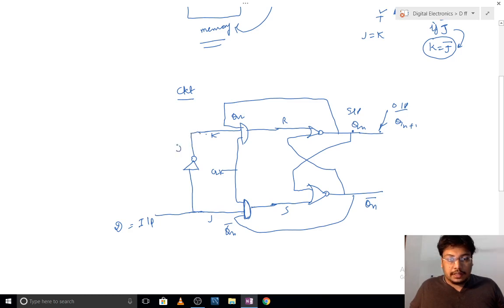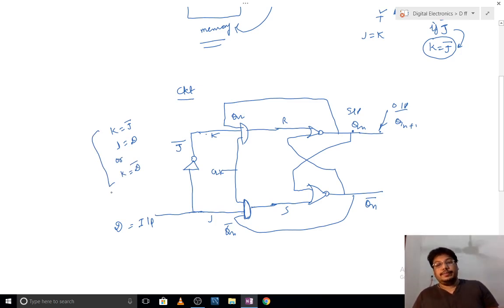Now here it is J bar. Let's say this is J and this is J bar. It is representing K. So here K equals J bar, where J equals D, or we can say K equals D bar. It's one and the same thing. So this is the circuit of D flip-flop.